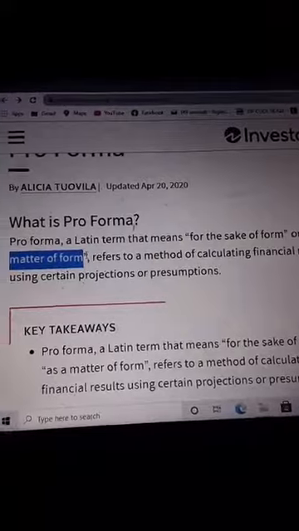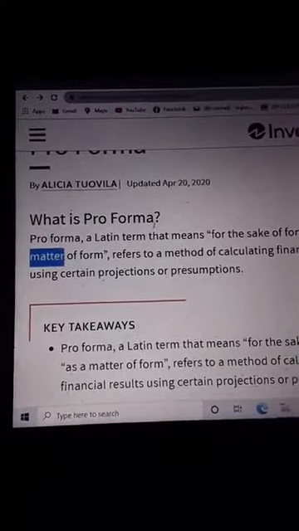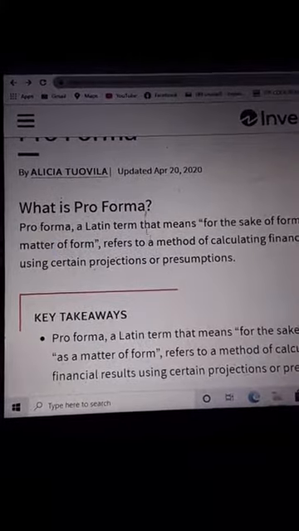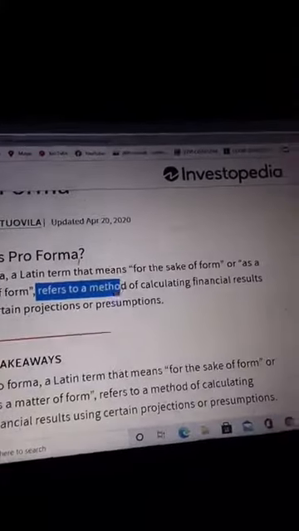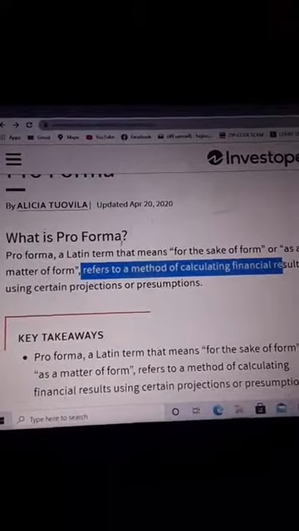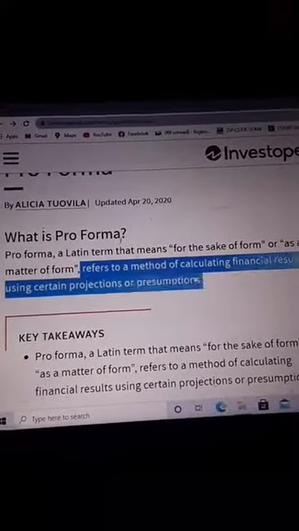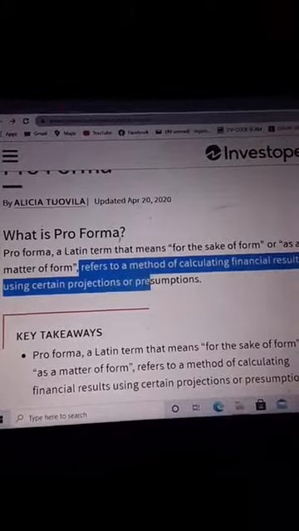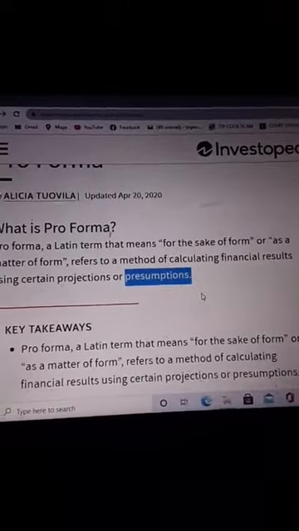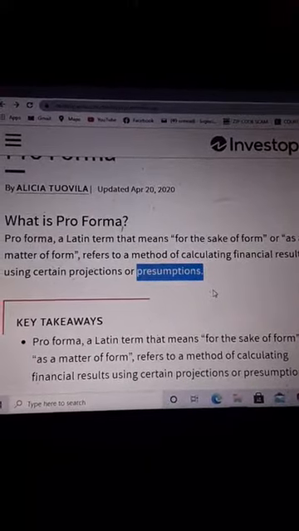A matter. This is where they get subject matter. And it refers to a method of calculating financial results using certain projections or presumptions.